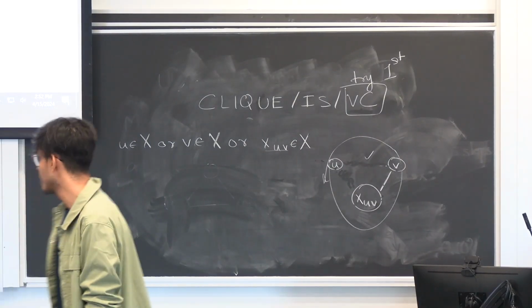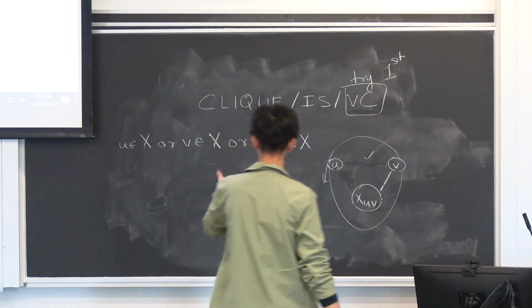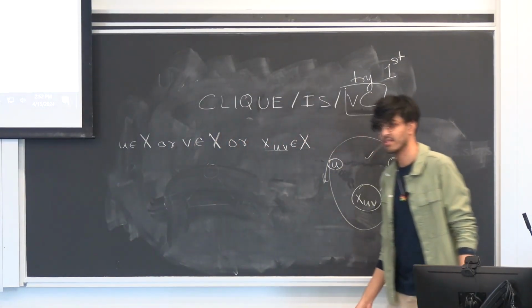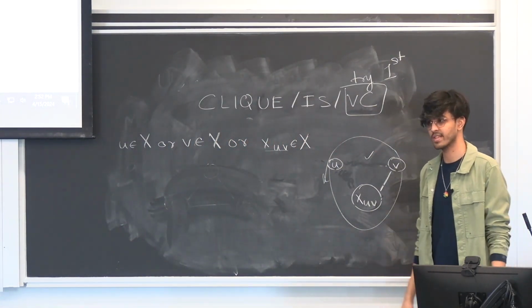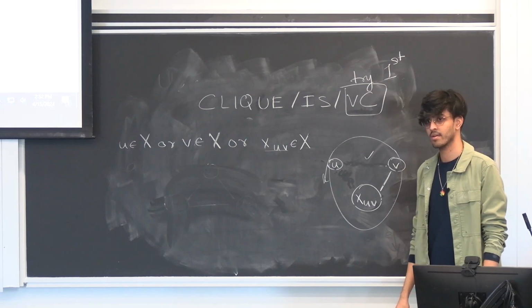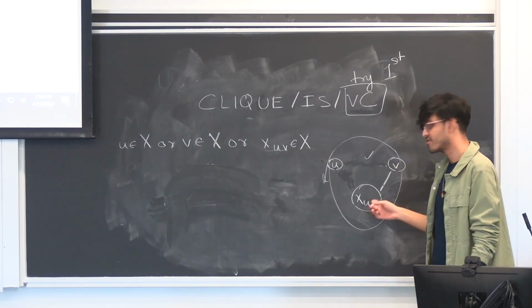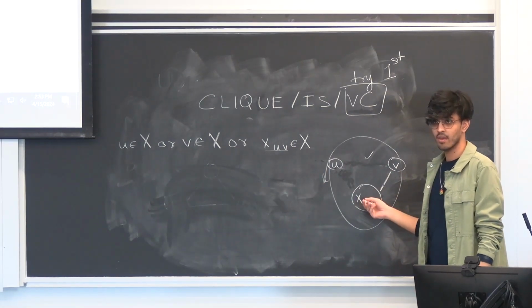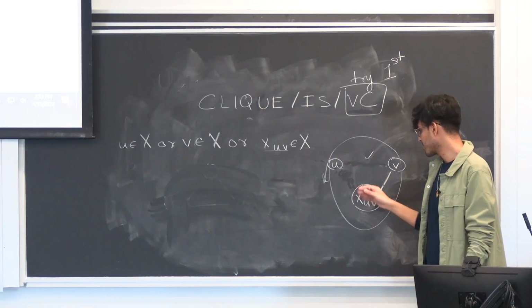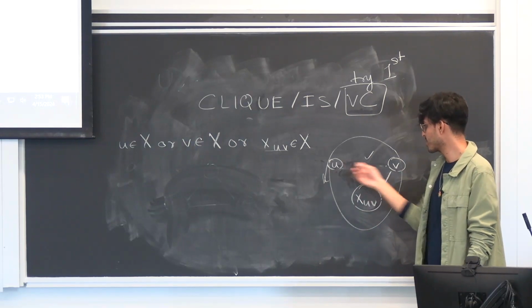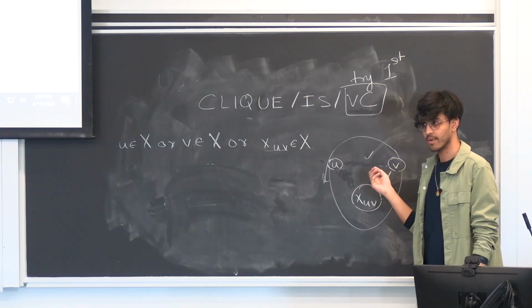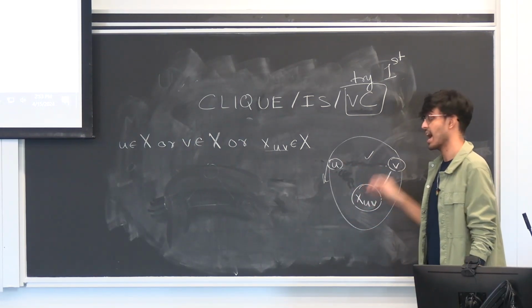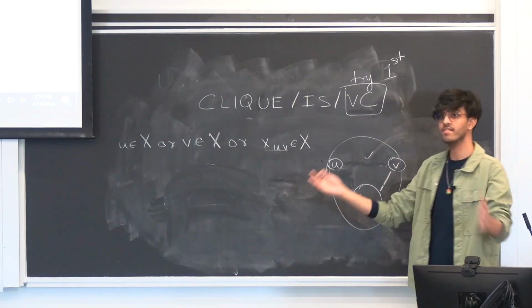Here's the question: if XUV is in this feedback set, what cycles is it preventing? It's literally this. This is the only cycle that XUV prevents. So I can just remove it and instead substitute it with one of U or V, right? And if U or V already exists, then I don't even need it. I have an even smaller feedback set.